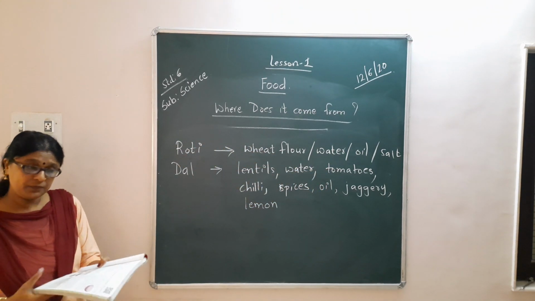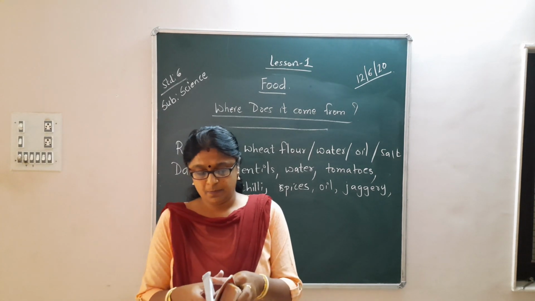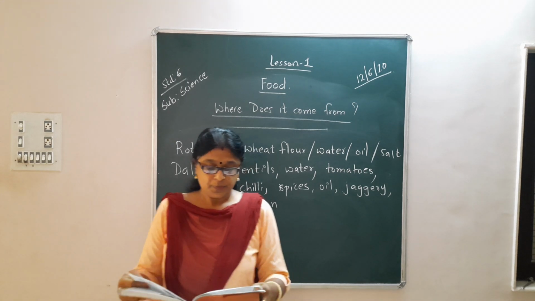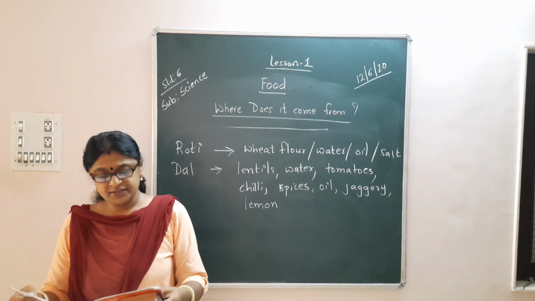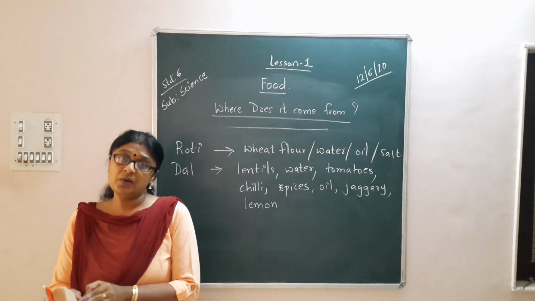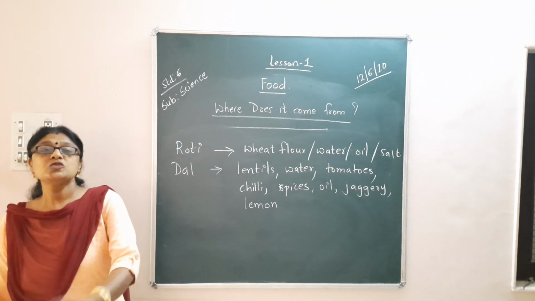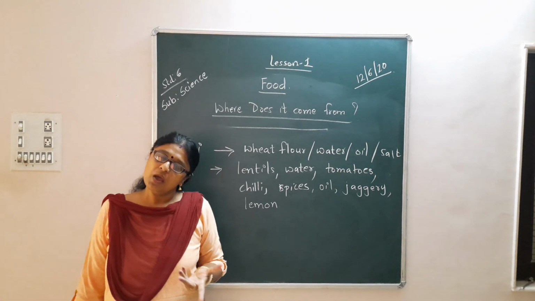Okay, now turn the page. What do we find? We find that ingredients are common for different food items. Now there are many common ingredients. Suppose salt, right? Salt is common in all the food stuff.